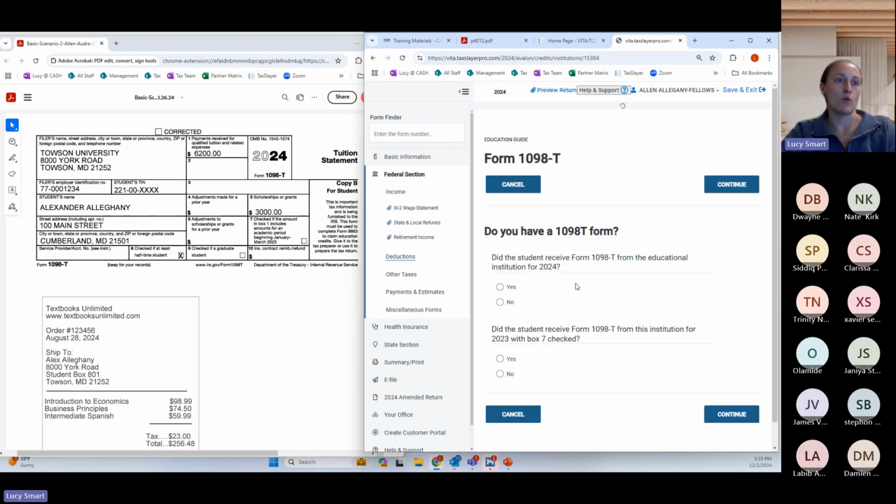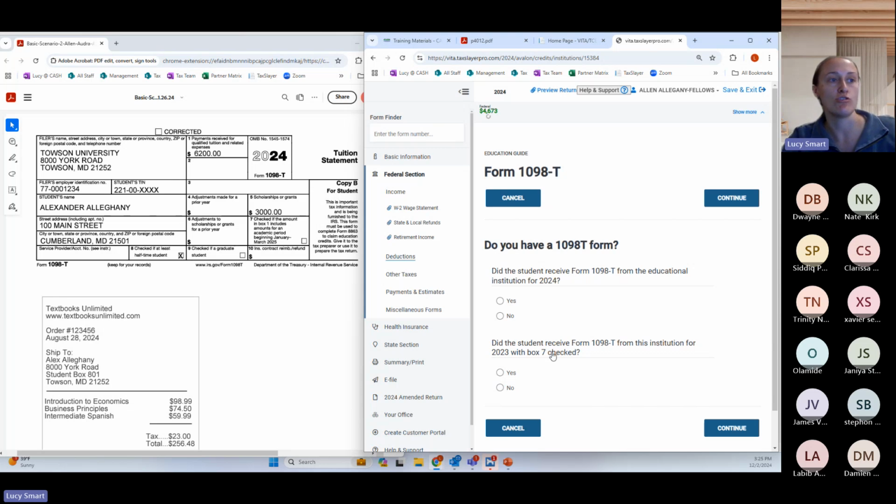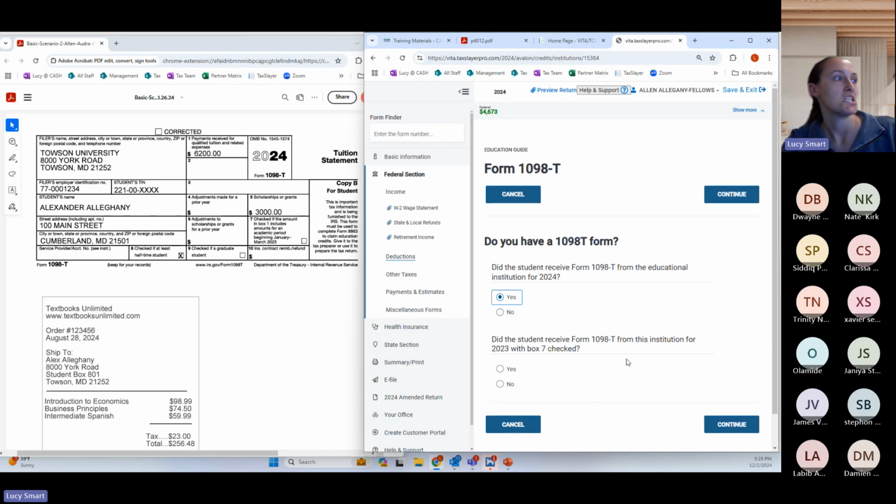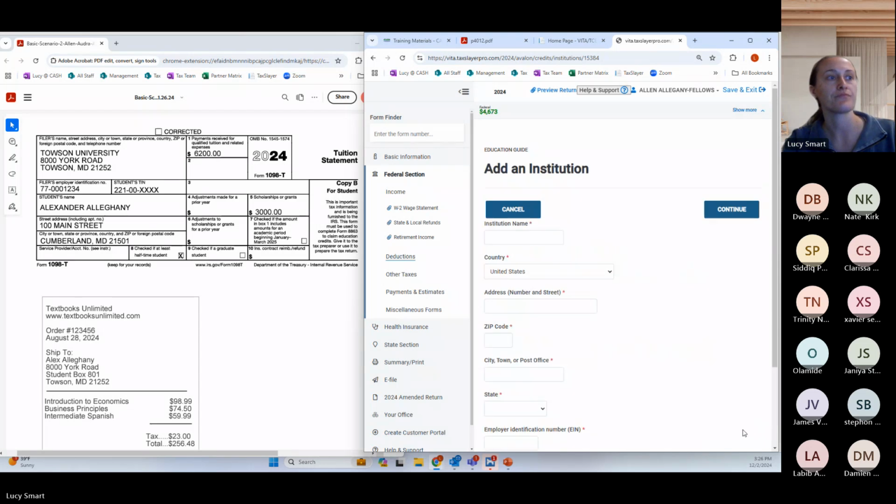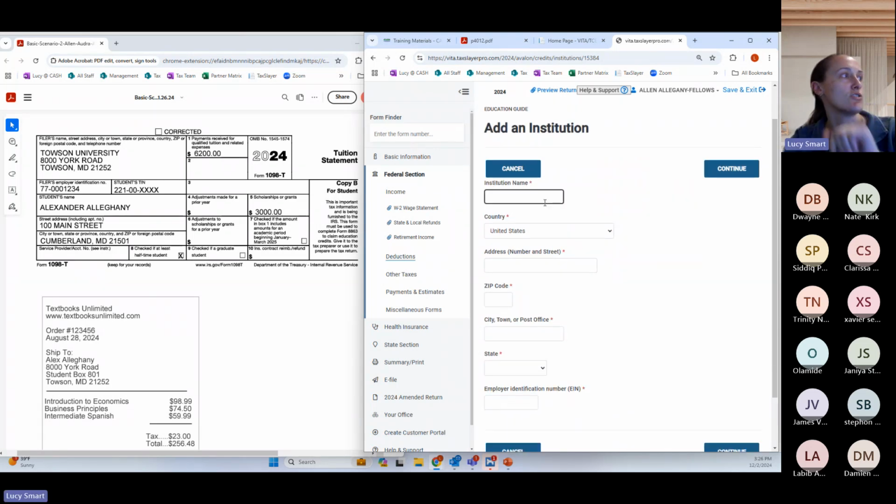Did the student receive a Form 1098T from the educational institution for 2024? Yep. Did the student receive Form 1098T from this institution for 2023 with box 7 checked? This is not that. And it's typically not going to be the case. This is only for people who paid in advance last year, but it's not the case here, so we'll say no. Then we need to enter the institution name, which we have on this form.